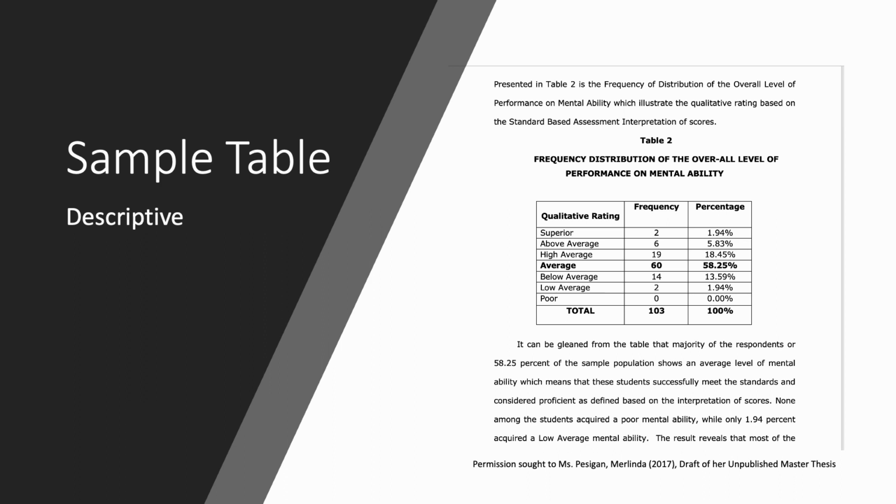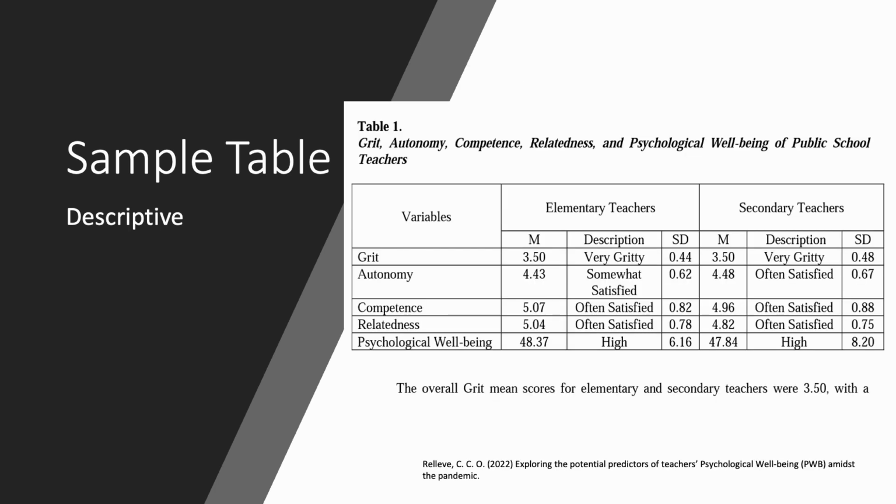So on the table itself, you could see data there. For this example, frequency and percentage are presented in this table. Then another example of a table, a descriptive one again.